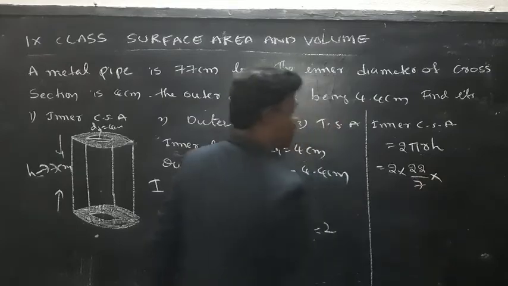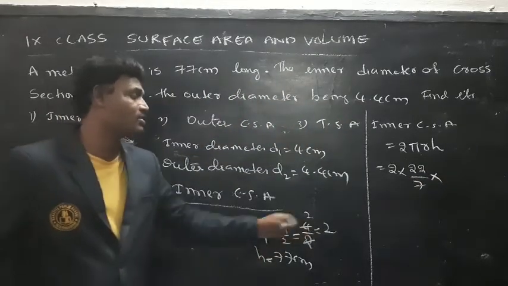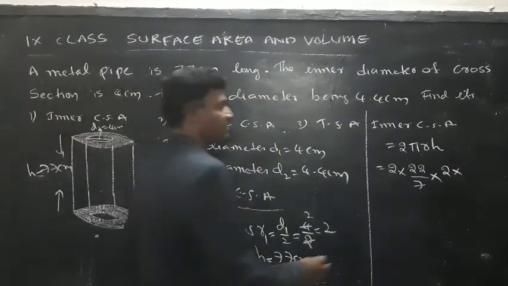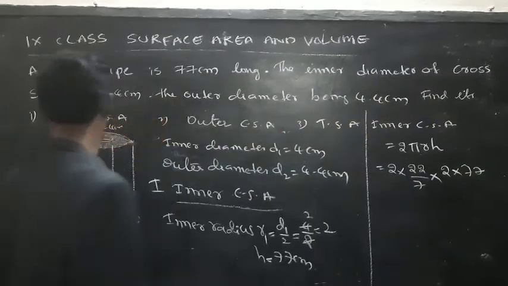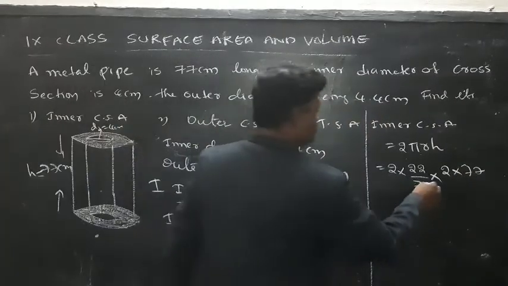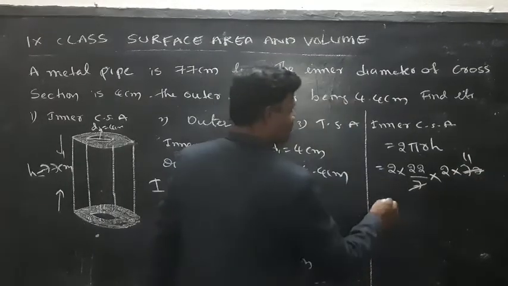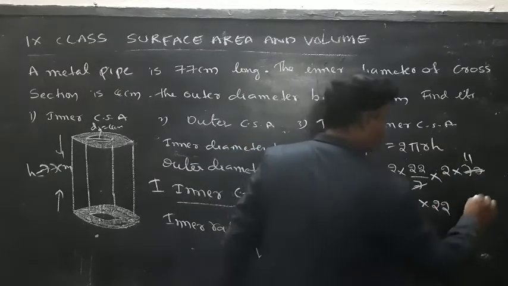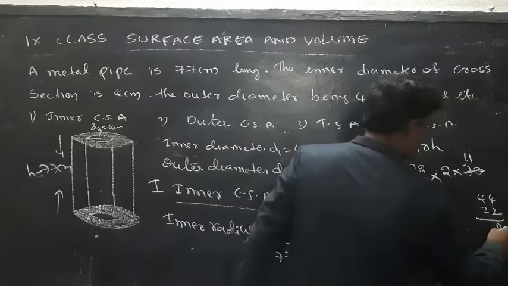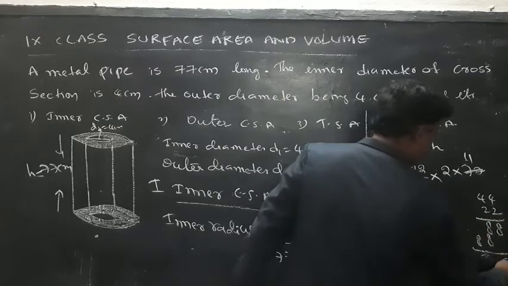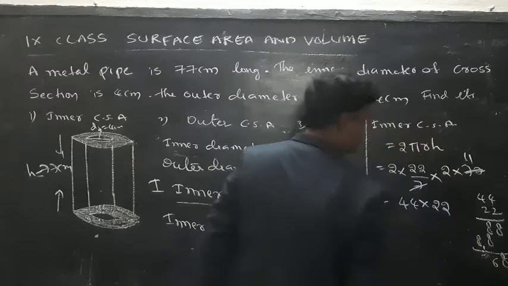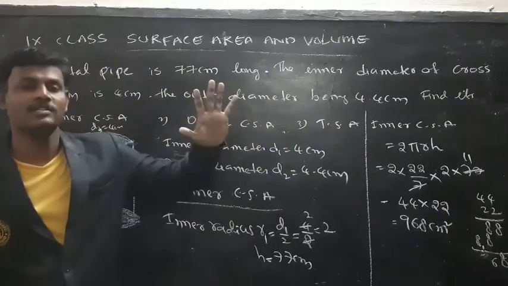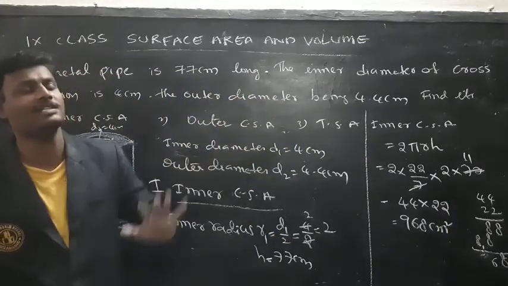Pi is nothing but 22 by 7, into the inner radius, 2 centimeters, into the height here, 77 centimeters. 7 elevens are 77. 44 into 11 twos are 22. So inner curved surface area is nothing but 968 centimeters square.